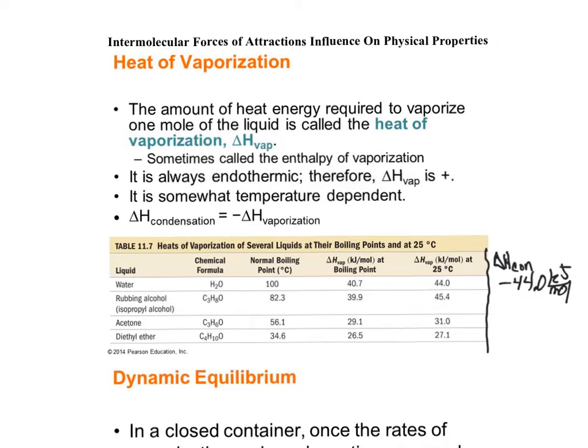So you just simply add a negative sign to these values if you want to know what the delta H of condensation is. So you can kind of see there is that relationship. But delta H for vaporization is always a positive number. Delta H for condensation is always a negative number. And this is how the two are related, simply by putting a negative sign in front of vaporization. That will give you delta H of condensation, and that's what I just demonstrated here.